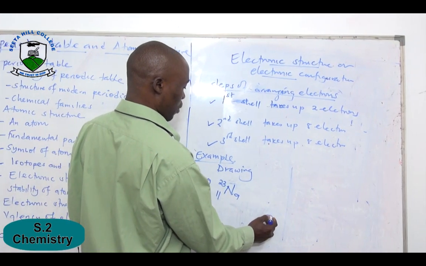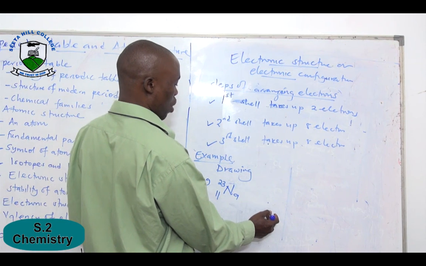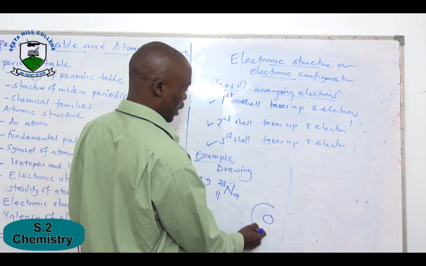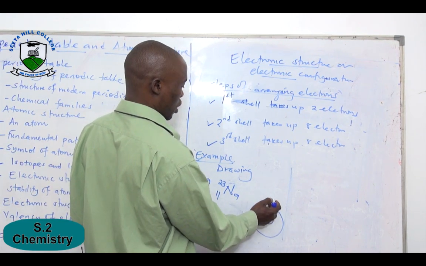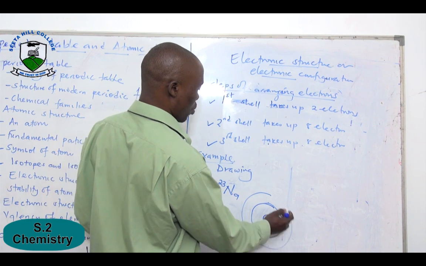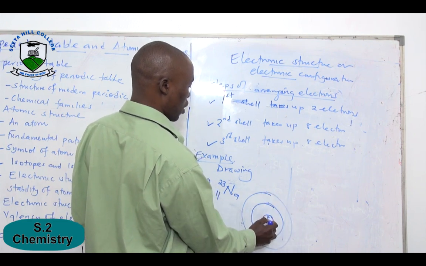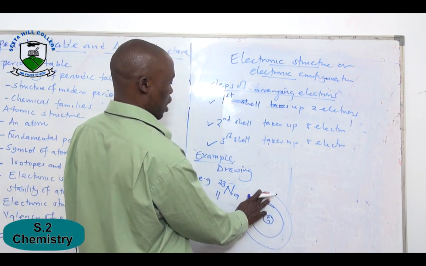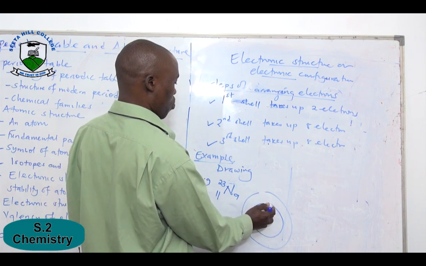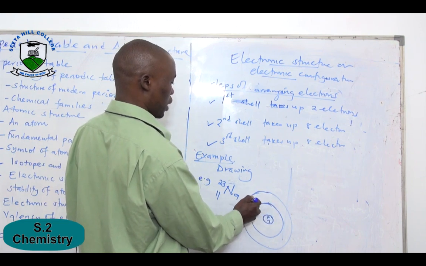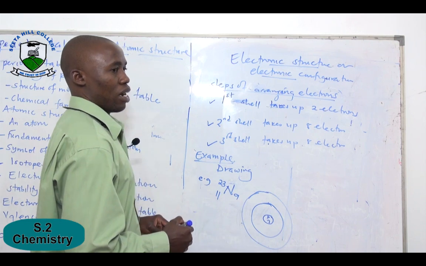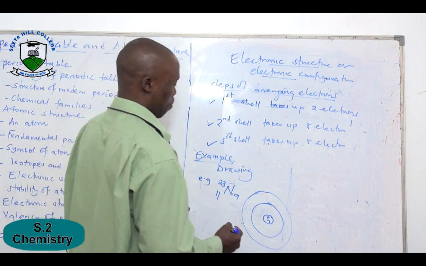Its center, then it would have the first energy level, the second energy level. This has protons and neutrons. How many? That means a compass is used for here. The first one we put how many?